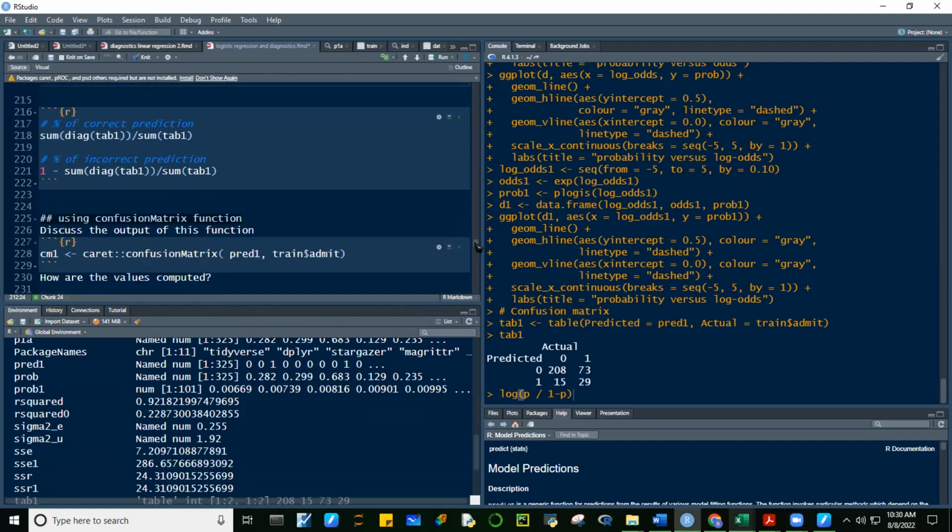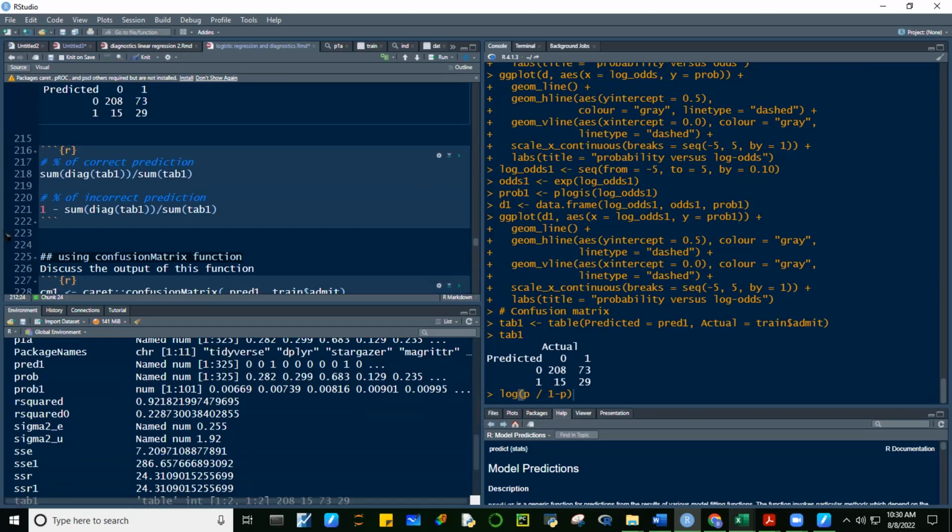So let's now compute for sum. So what are we doing here? I-add daw natin yung diagonals. Diag is the function for the diagonal ng table na to, tab 1. So pinapa-add natin tong 208 at saka 29, divided by the sum of tab 1. This will give us the percentage ng tama. So let's run this.